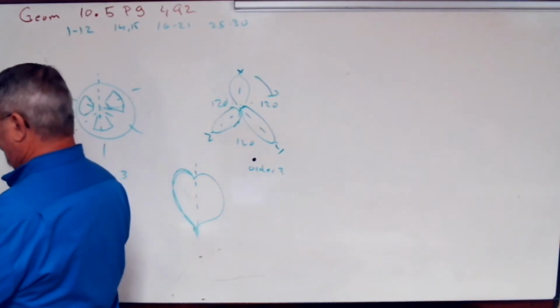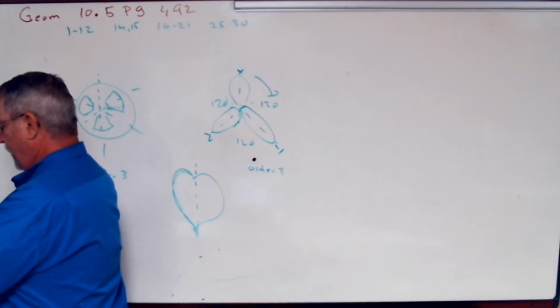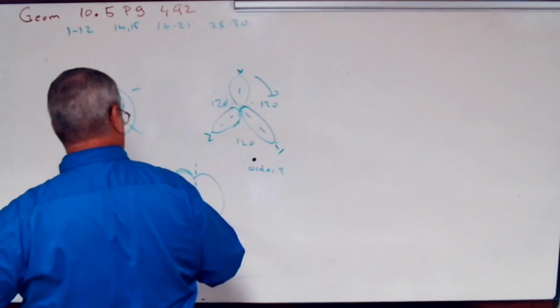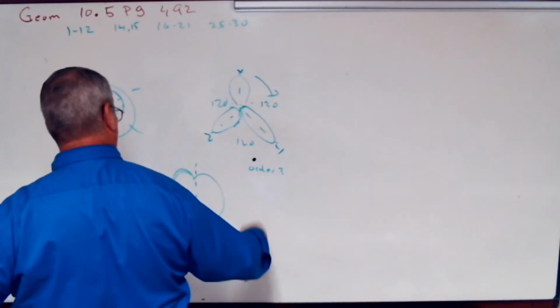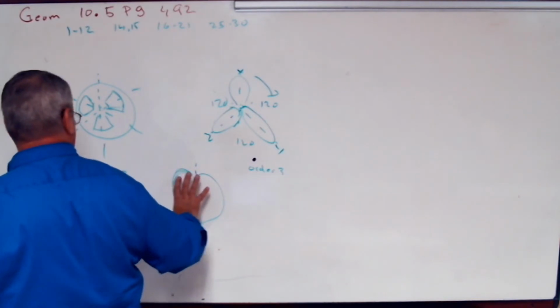So if you look at number two, how many lines of symmetry are there? Well, there's the straight up and down, there's the straight across. There's also this one and this one. That makes 4 lines of symmetry.